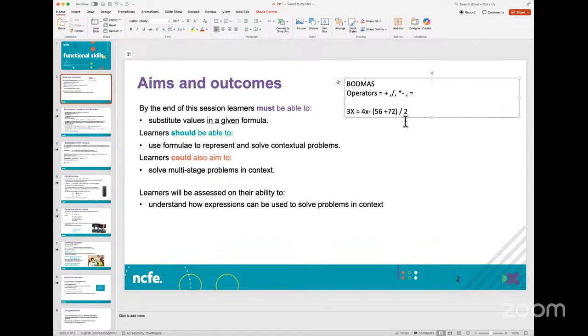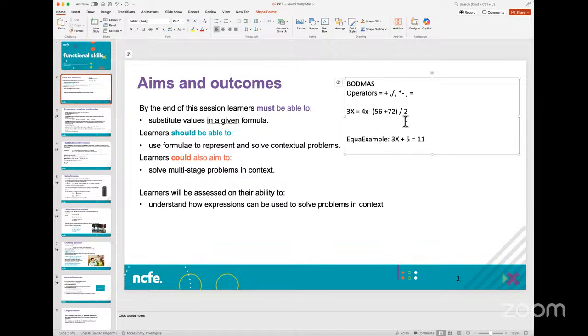To put everything into context, an equation is a mathematical statement that shows two expressions with an equal to sign in the middle. An equation would be 3x plus 5 equal to 11. This is an example of an equation.